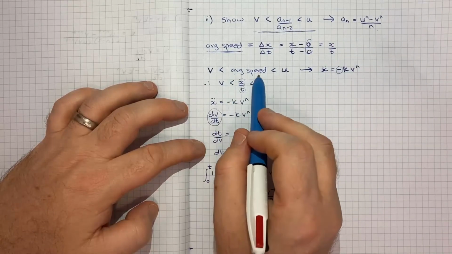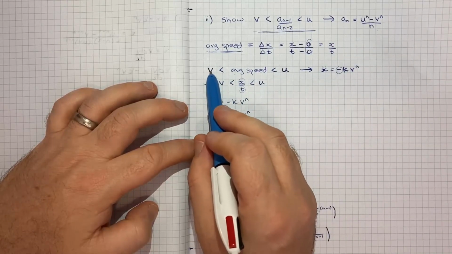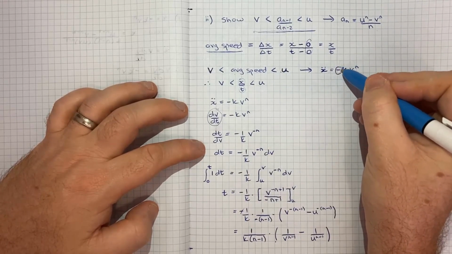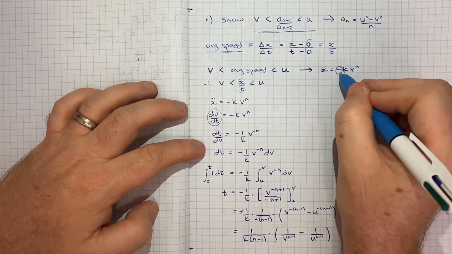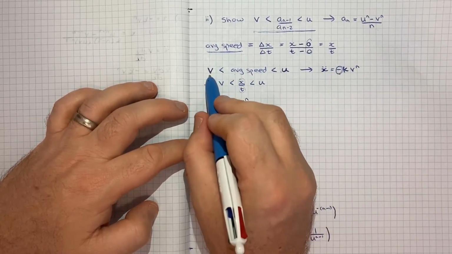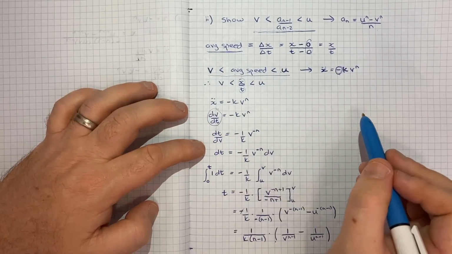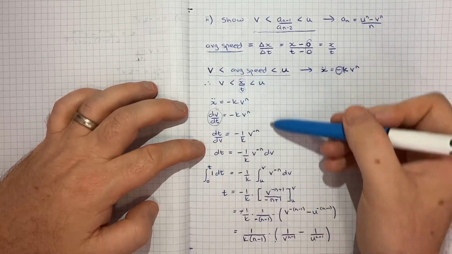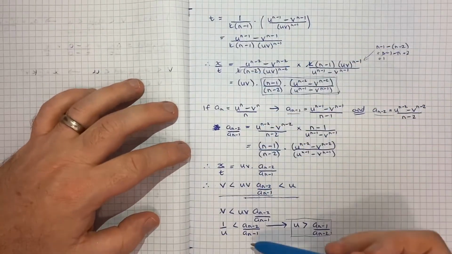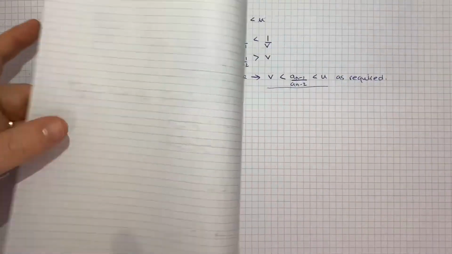The average speed must be between the instantaneous velocity and the initial velocity because of the way our acceleration is operating with this negative. I think that is the conceptual key to being able to draw this conclusion. Once you've got that conclusion, it's just a mechanical exercise of going through the algebra and not making a mistake.